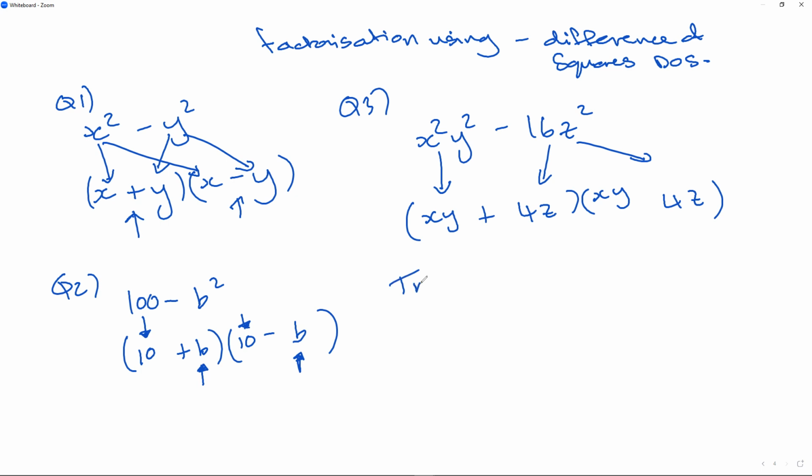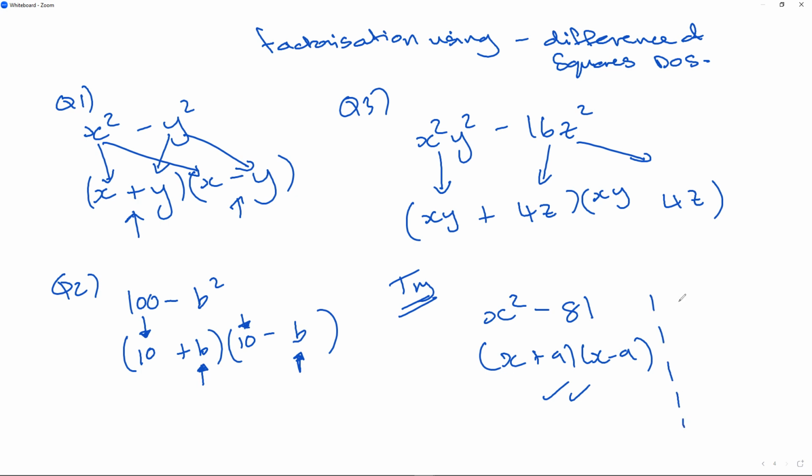Alright, let's try this one here, see if you can do this one. Suppose you've got x squared minus 81. Yeah, so it's going to be x plus 9, x minus 9. Done. Alright, good.